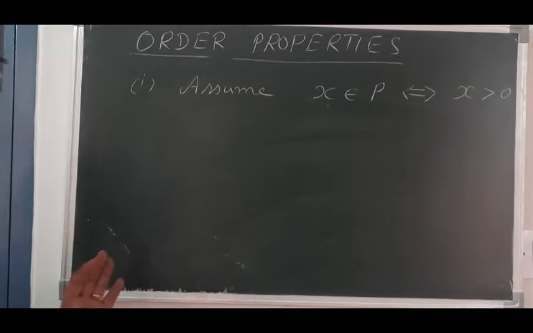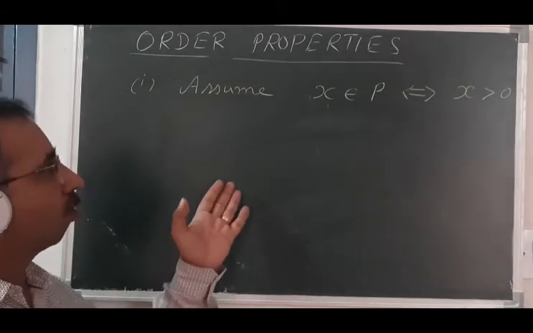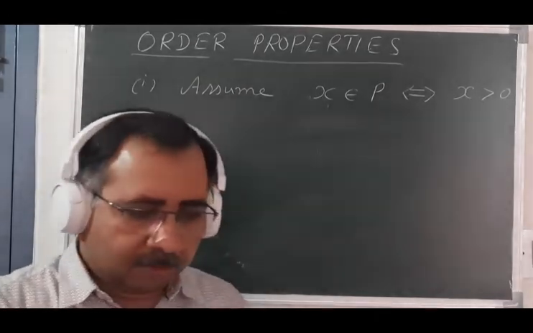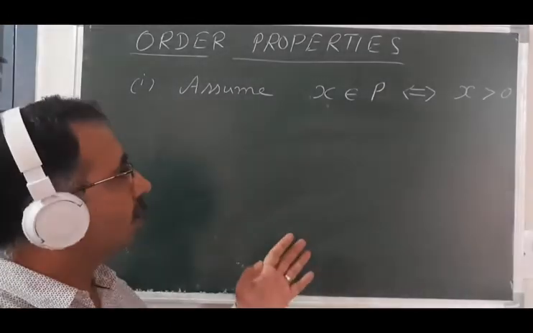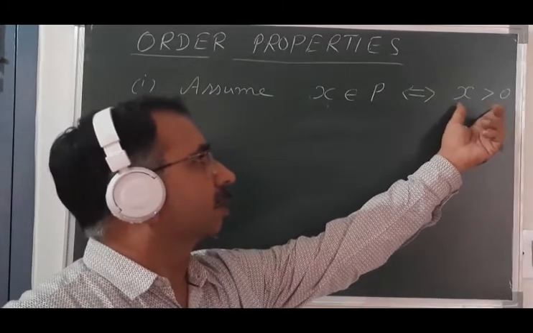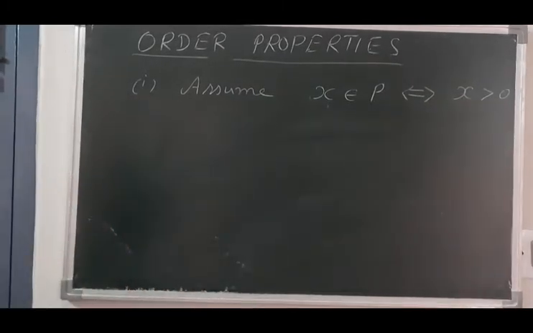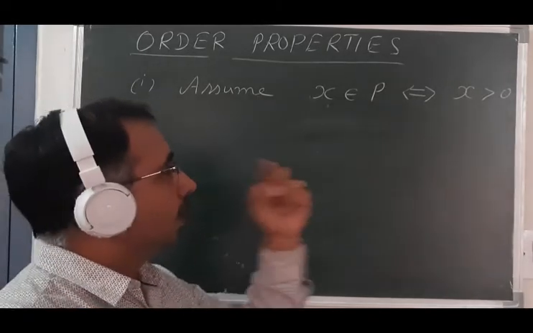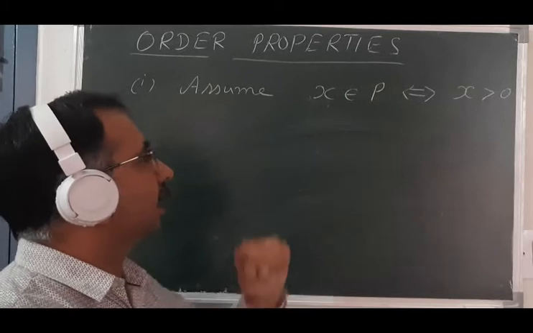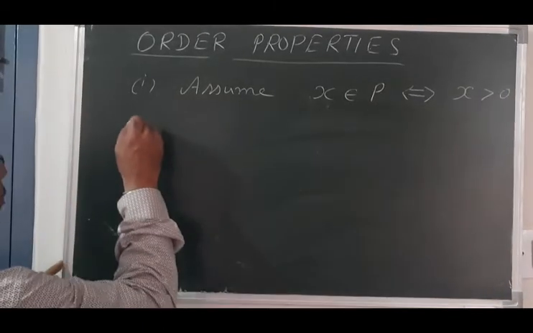So this is our axiom for ordering. So anything belongs to P is a positive real number, and that will be denoted by this symbol: x is greater than 0. Or if x is greater than 0, it means x is an element of P.